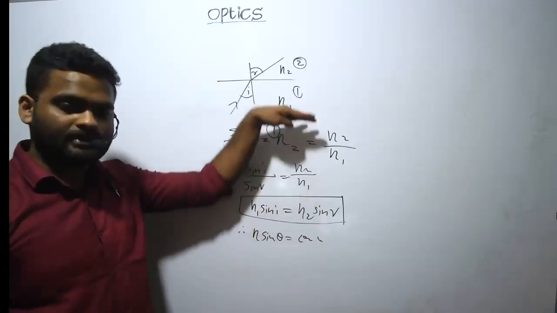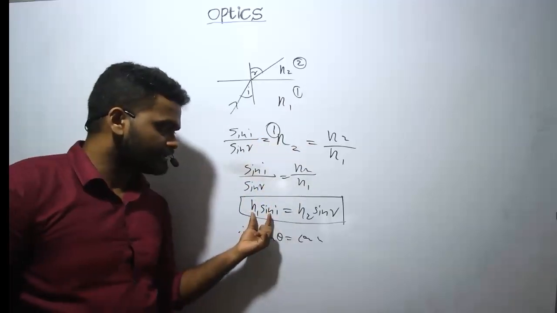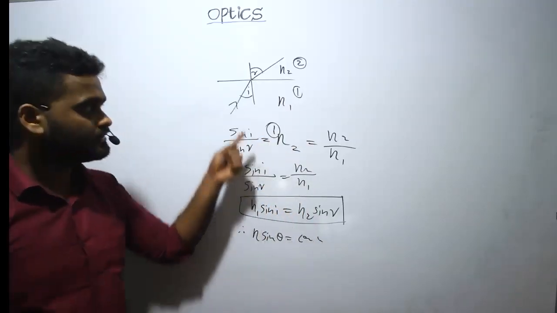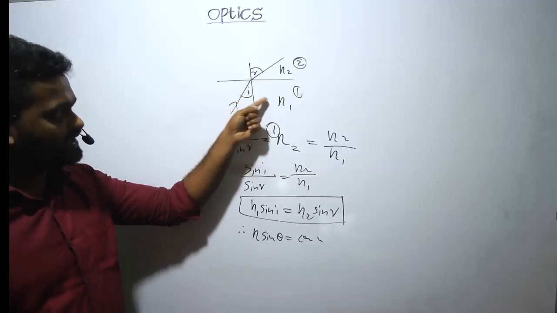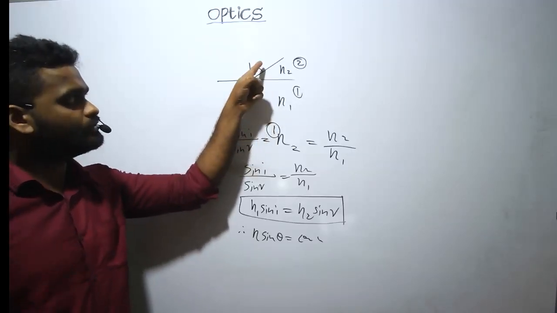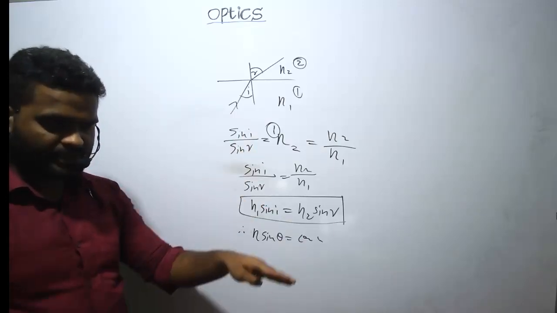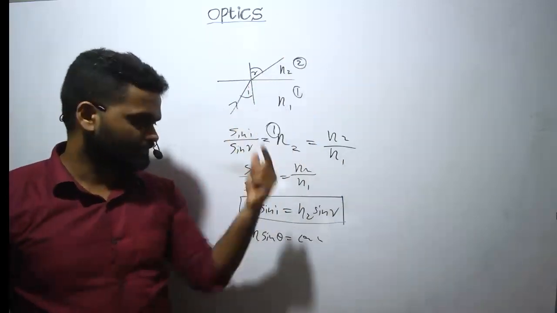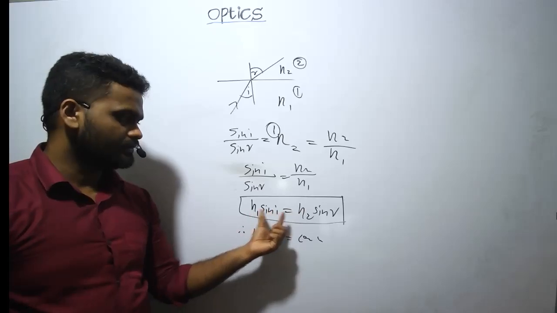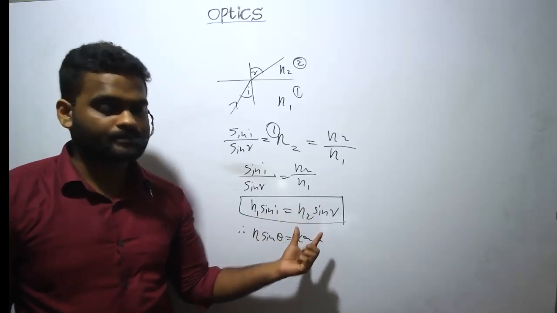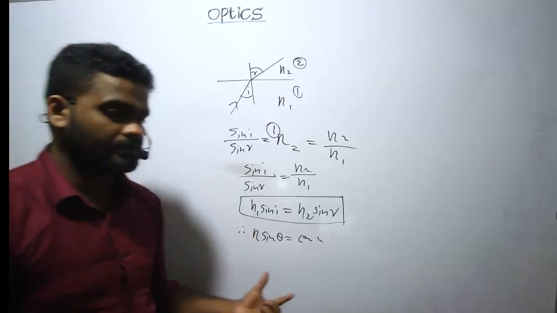You need to be able to do the other as well, but this one is less confusing, because n1 sine i and n2 sine r are on the same sides. N1 sine i equals n2 sine r. If you use this, it is easier without any confusion. Take that down.